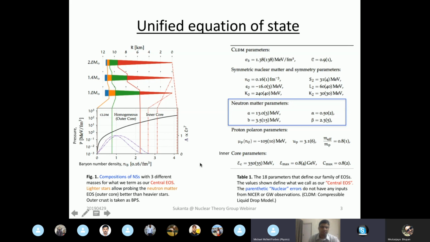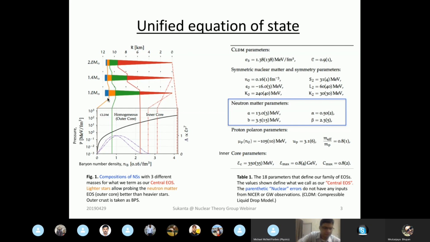Specifically, because of the uncertainty in, for example, the transition density from core to crust, and also the central density of the star, depending on what mass you have, the radius of the star can depend largely on the size of the crust. Depending on the star, your crust can change by almost, say, 600 meters.